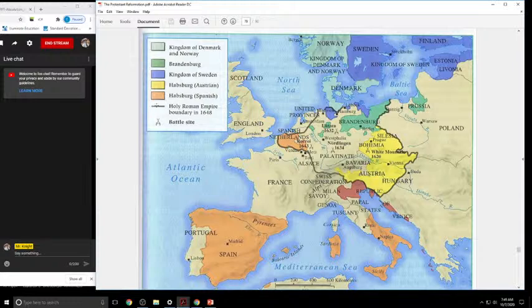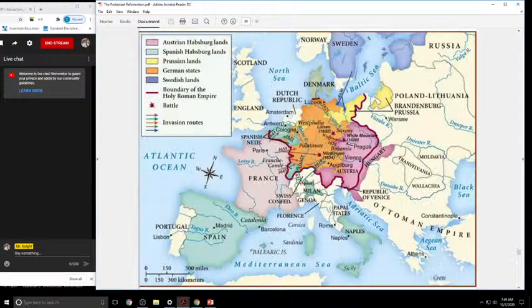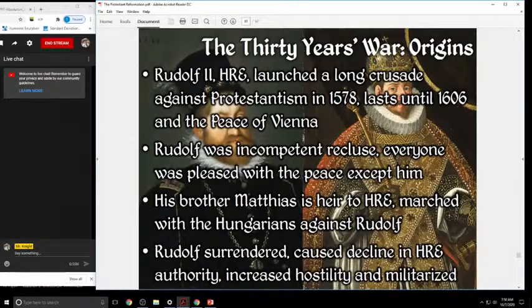Here you can see this gray line is the boundary of the Holy Roman Empire in 1648. Okay, here's another one depicting the bounds of the Holy Roman Empire. This is what is now modern-day Germany, part of Poland, Austria, Hungary, etc.